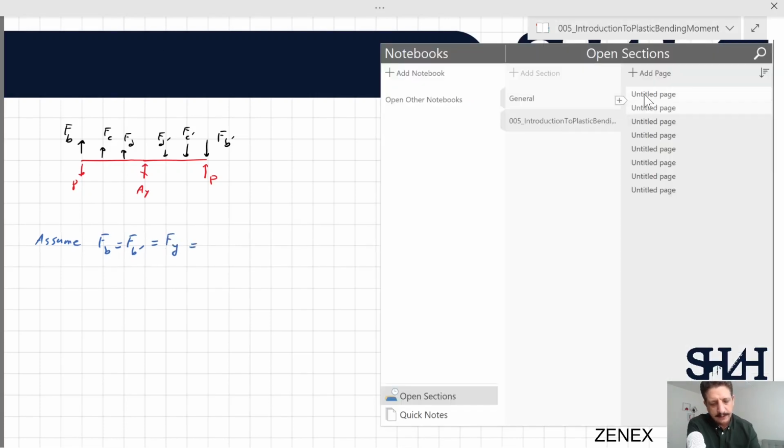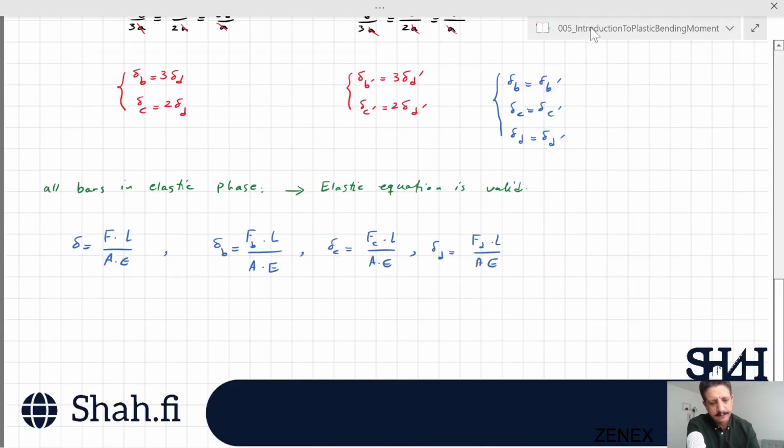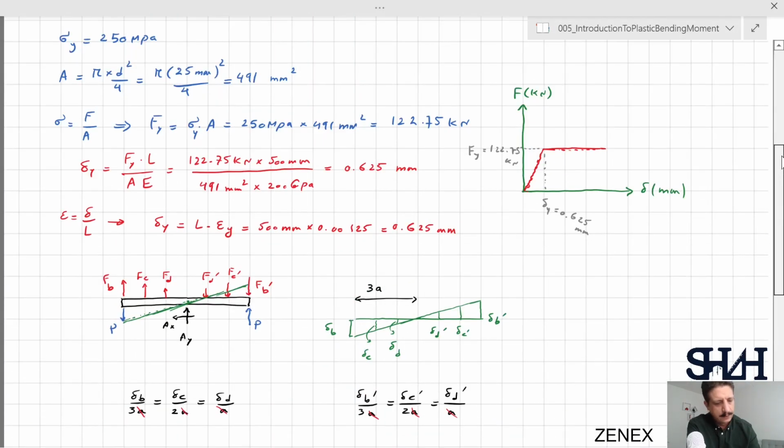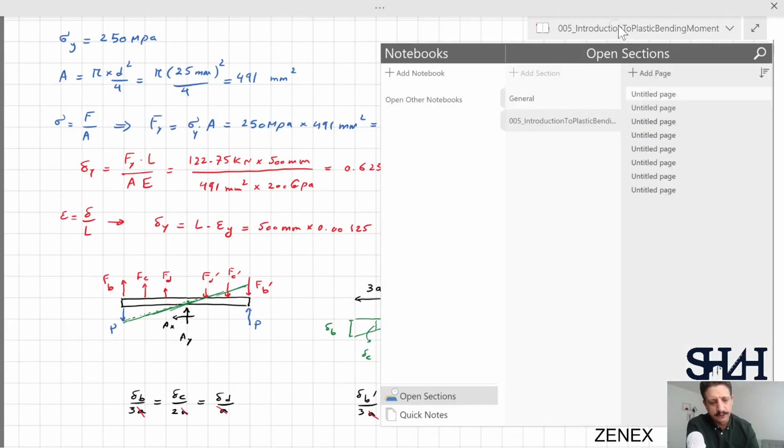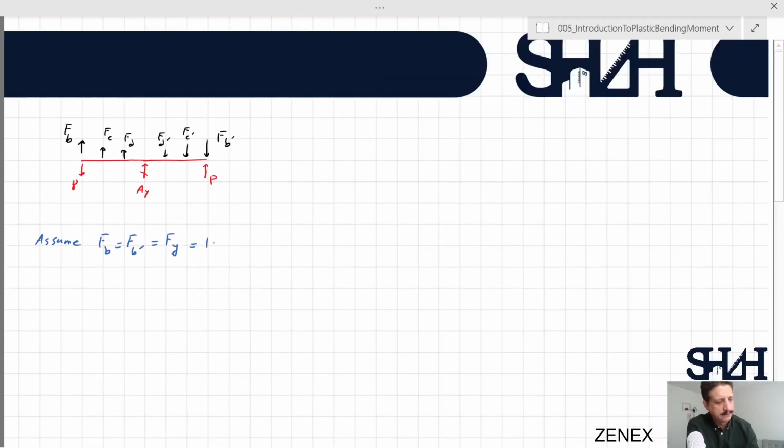And we calculated Fy earlier, and Fy is 122.75 kilonewton. In other words, when we increase the force P, then we expect FB and FB prime to yield first.